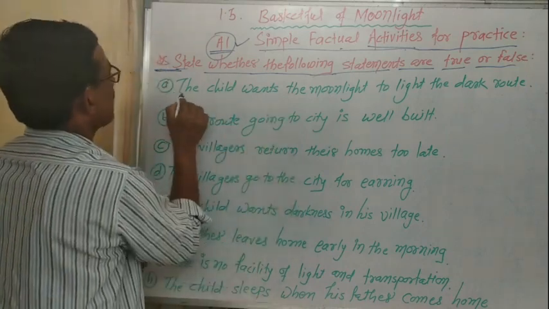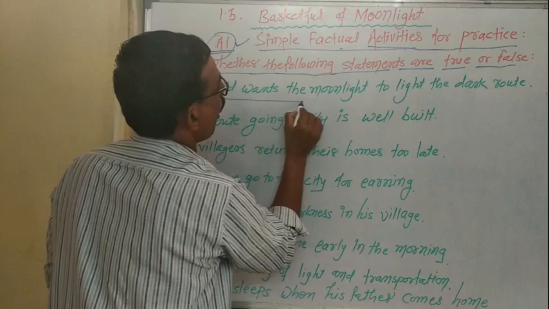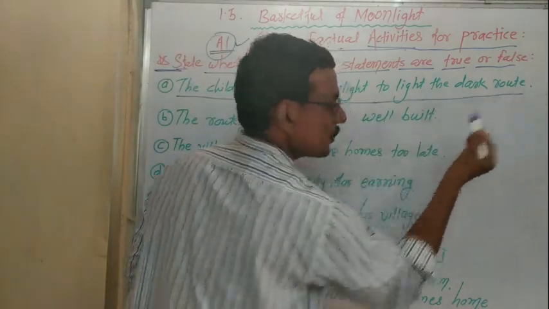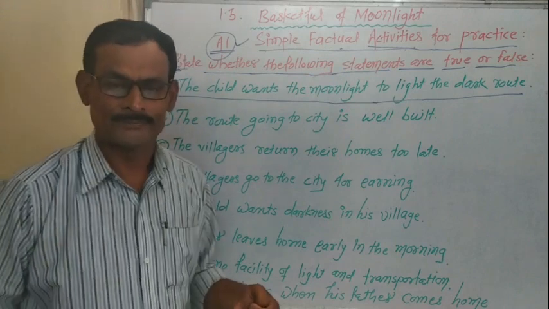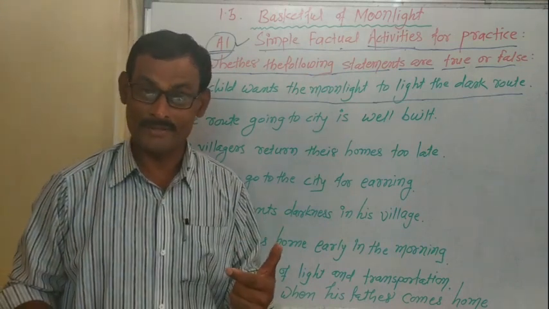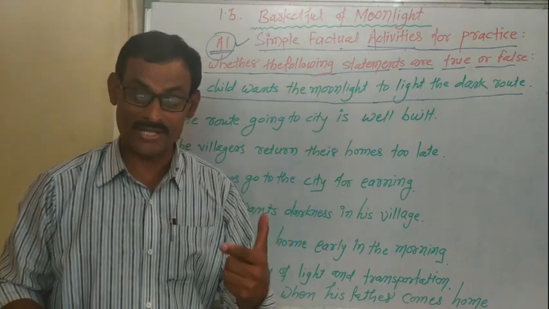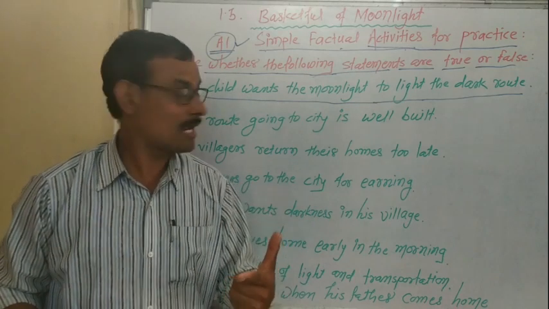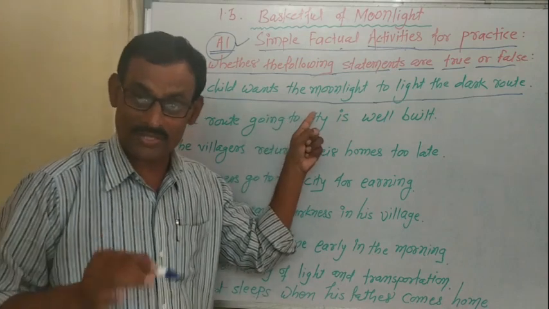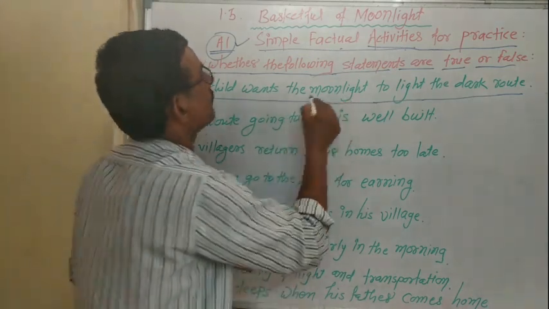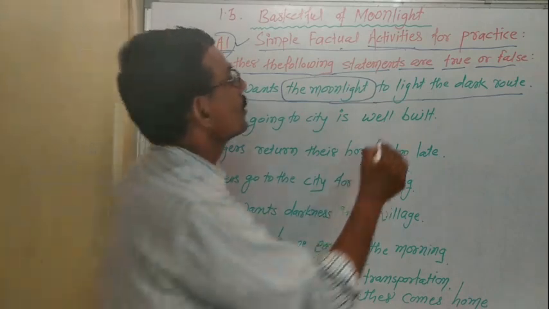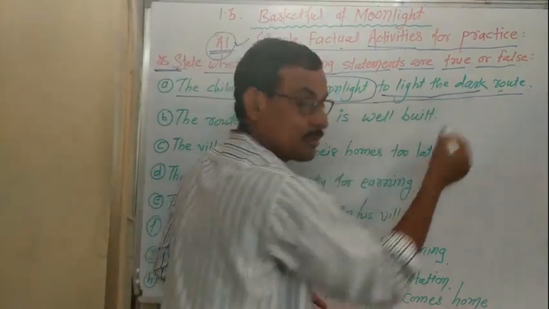The first statement is, the child wants the moonlight to light the dark road. Remember the sentences which yesterday I had told you. In the poem, the child wants the moonlight for what purpose? To light the dark road.